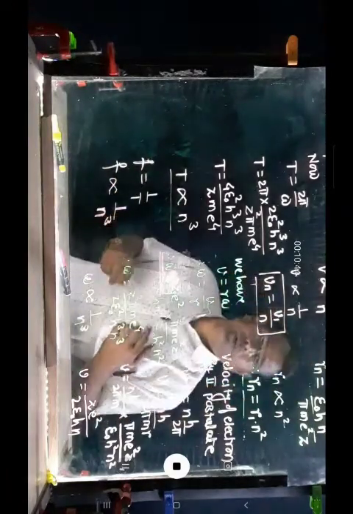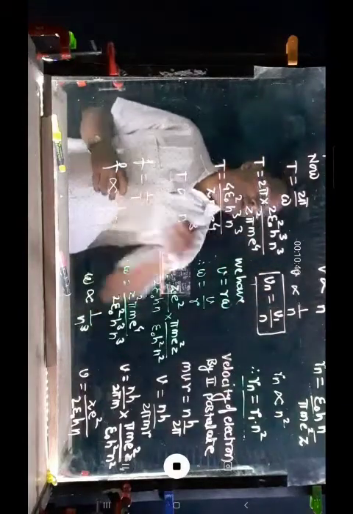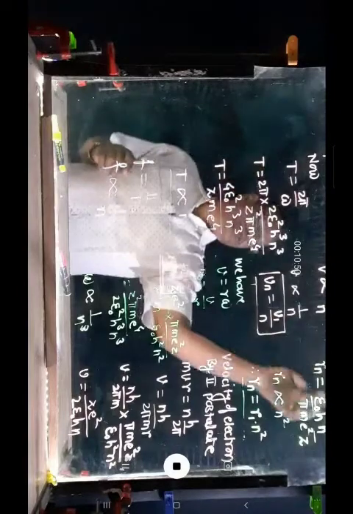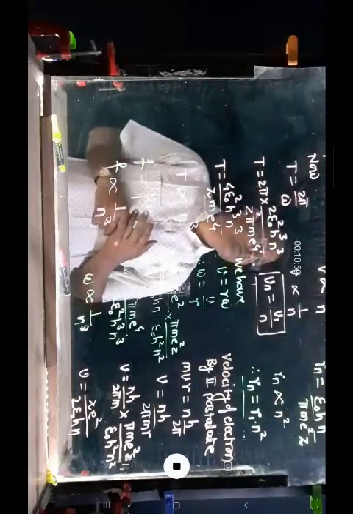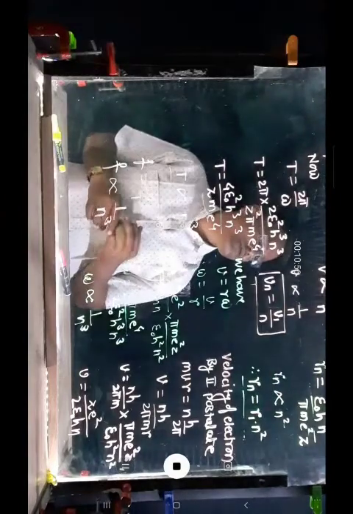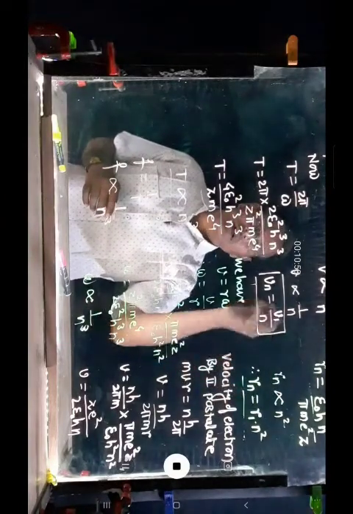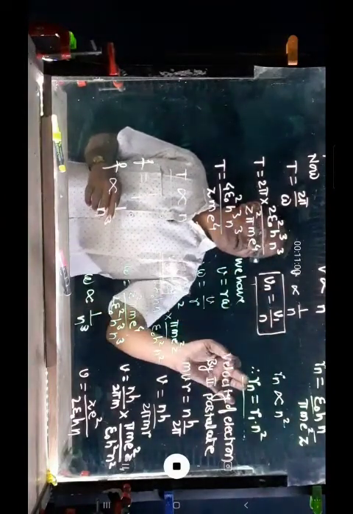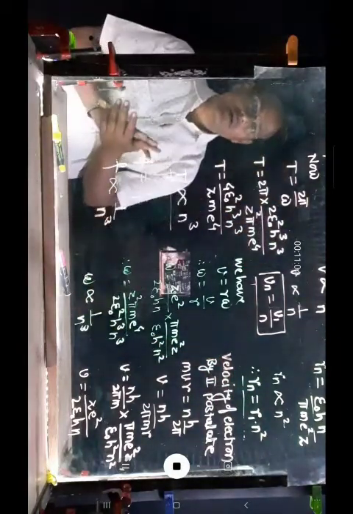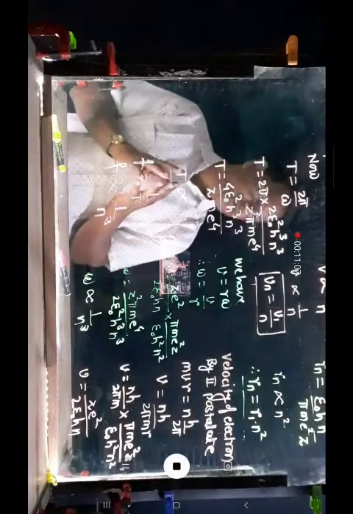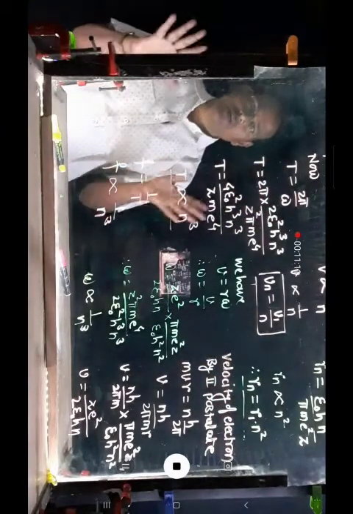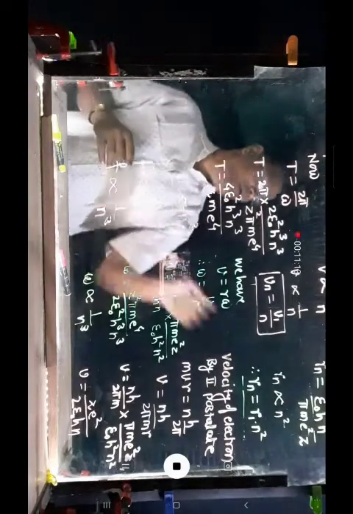So starting from the radius of Bohr's orbit, which is equal to epsilon naught h square n square upon pi m e square into Z, it is directly proportional to n square. You can write Rn for any orbit as the radius of the first orbit into the square of the principal quantum number, whatever it may be, first, second, and so on.